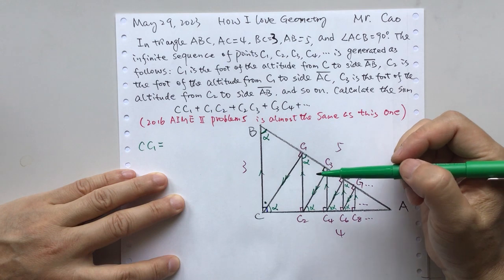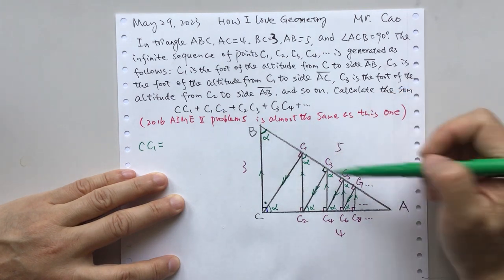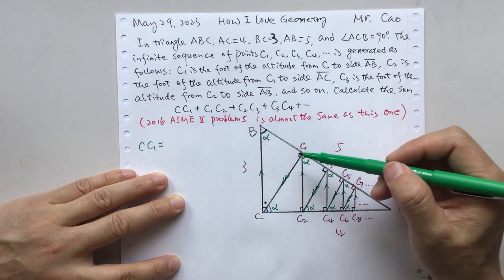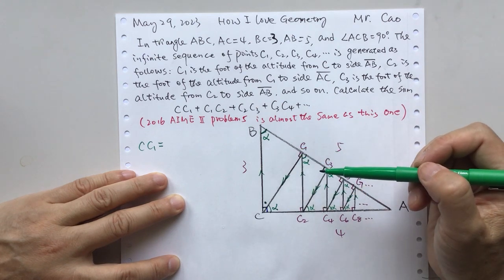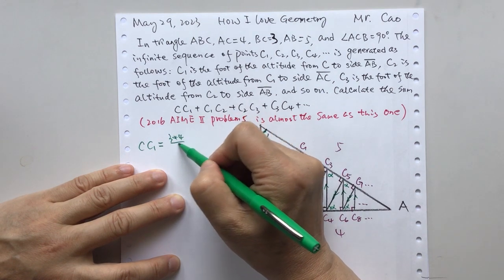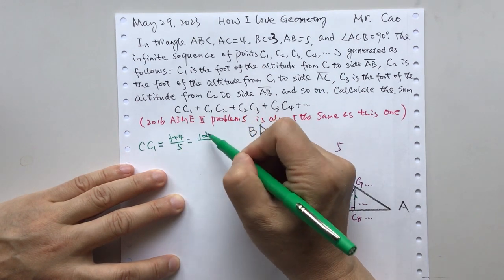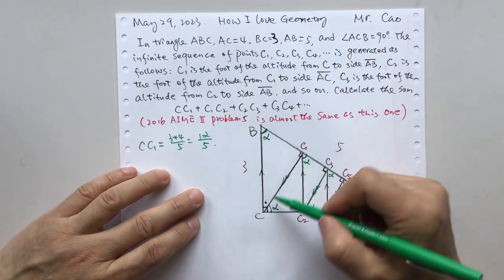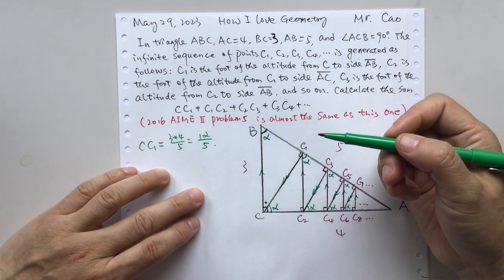That's the area of this triangle. Also, we can use AB times CC1 times 1/2 of this right triangle. So we will get CC1 equals 3 times 4/5, so we got 12/5. Yeah, CC1 we can easily get.